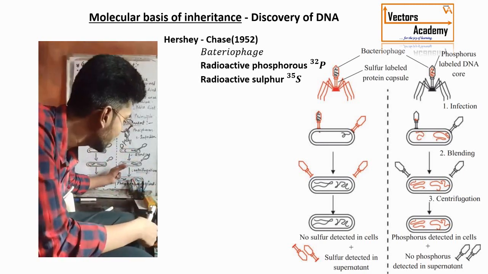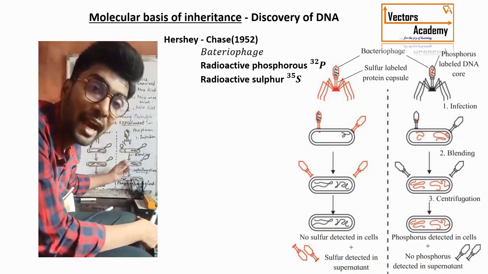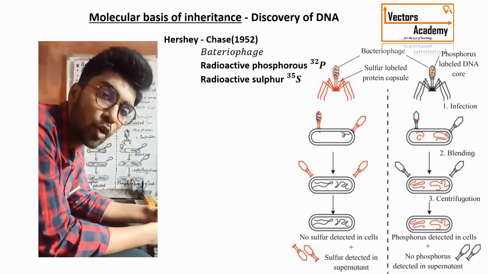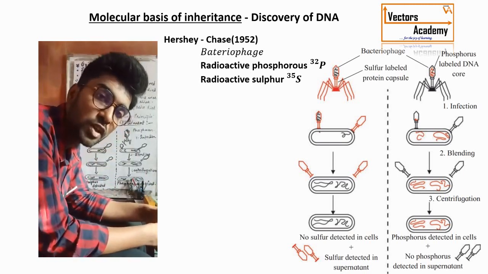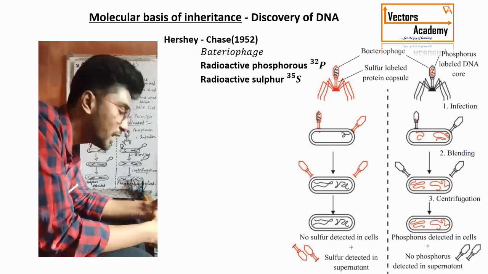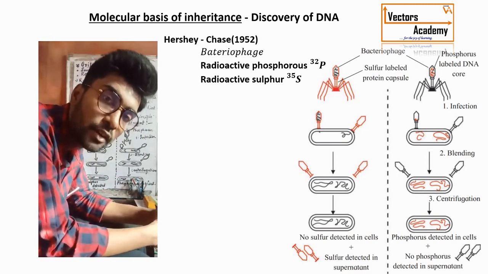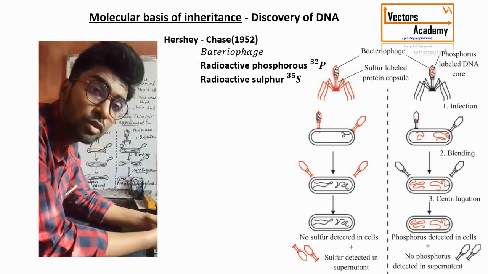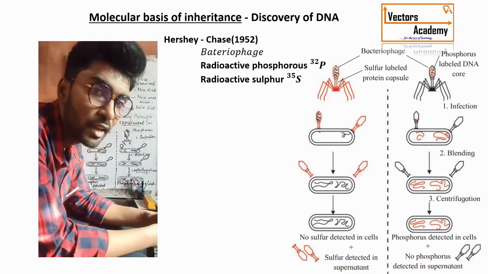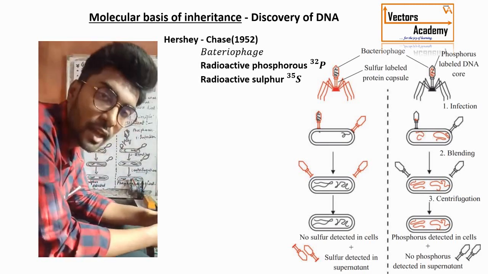So as the radioactive DNA had the ability to penetrate inside the E. coli cell, finally Hershey and Chase concluded that as DNA has the ability to enter inside the bacterial cell, DNA is considered the genetic material. This was the conclusion given by the scientists Hershey and Chase in their experiment. That is called the Hershey and Chase experiment.